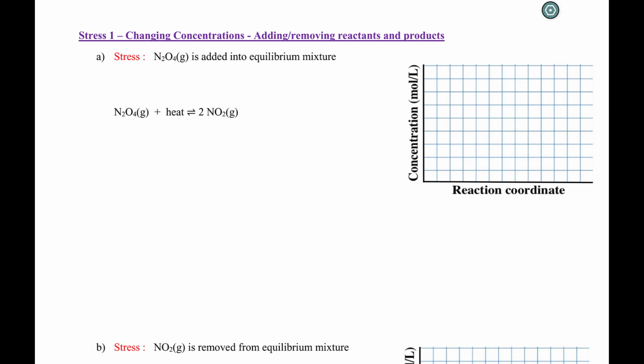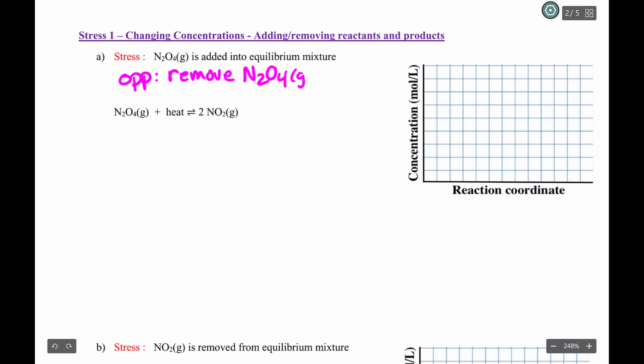So what my brain says automatically is, what's the opposite of this? Le Chatelier's principle says the system is going to do the opposite thing to counteract this stress. The opposite thing of adding in N2O4 is to remove N2O4. That's what the system is going to want to do.